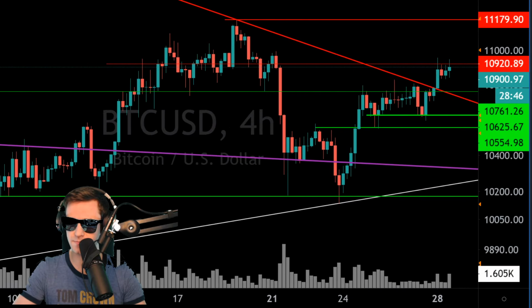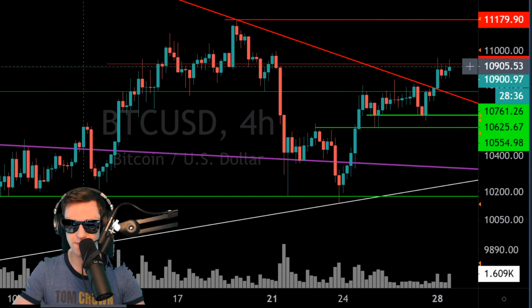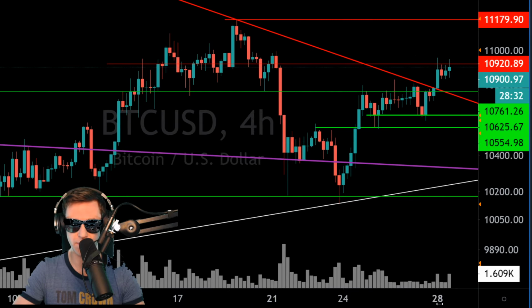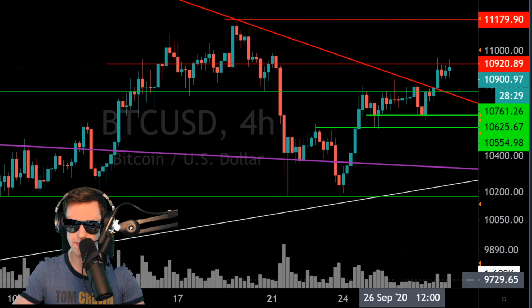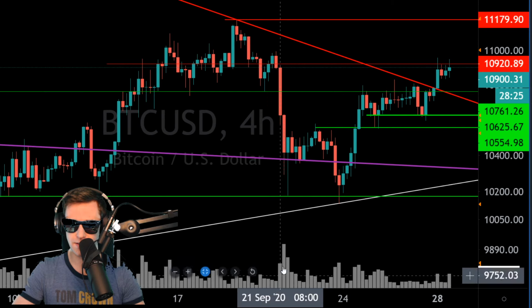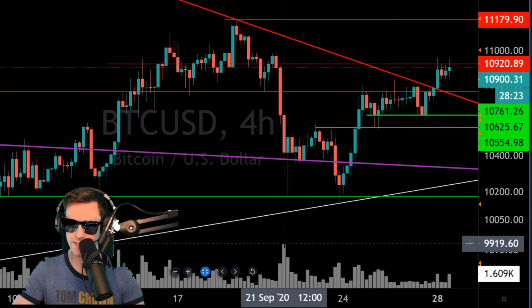So volume is a measurement of total, and this isn't unique to any given chart, but a total number of shares or units or contracts that are traded for a specified asset in a specified time frame. So right now we have the 4 hour up and we see these bars on the bottom, and the higher they are implies that more trading, more units exchanged hands in that time frame.